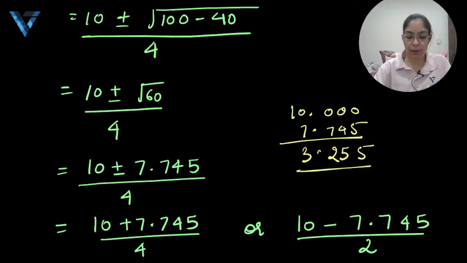From the square root table you have to see the value, whatever value is there. 7.745. In the textbook, in the table, I think values are given up to 3 decimal places only. 7.746.